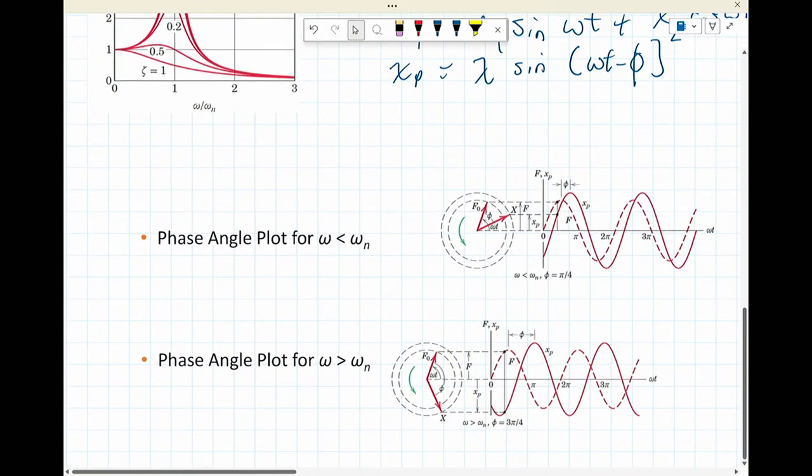I mentioned earlier, so for omega less than omega n, you have a slight shift and it leads. When omega is greater than omega n, it's out of phase and it's lower, but it also lags the natural frequency of the system.